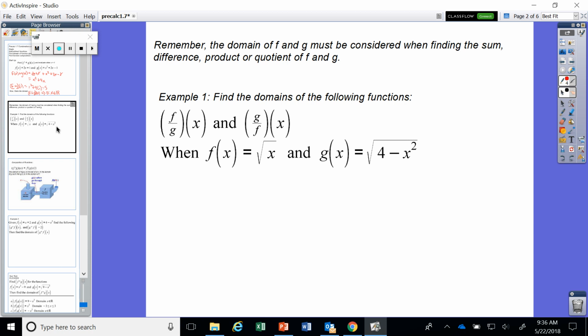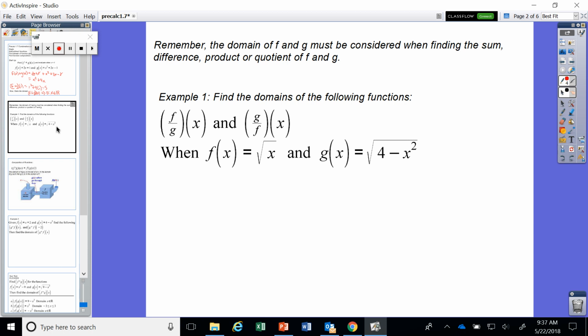Because when you combine two functions that have their own specific domains, the domains of the original f and the original g don't all of a sudden disappear. They're still going to be there. So when you're combining them, you do still need to take into account what their specific domains are.